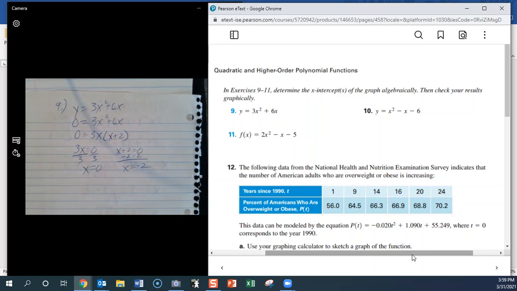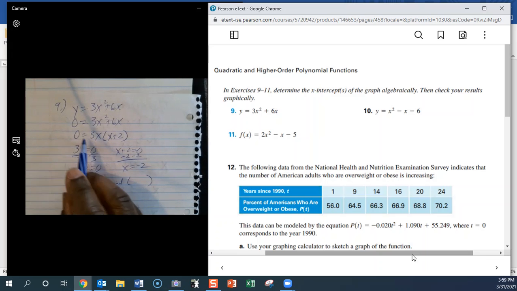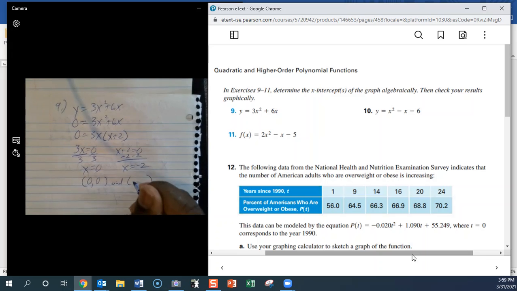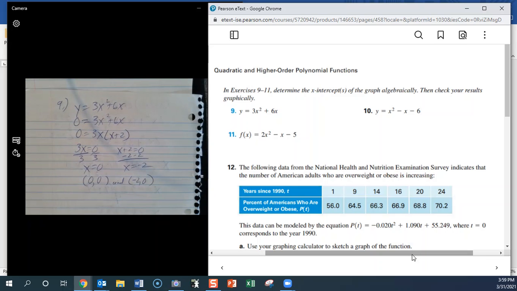So when we write our final answer here, since they want us to write it as an x-intercept, we're going to have two ordered pairs. And this is going to be "and" because we have two values that actually work here. So it'll be 0, 0 because x is 0 and then y is 0. And then here to be -2, 0. So these are your two x-intercept points.